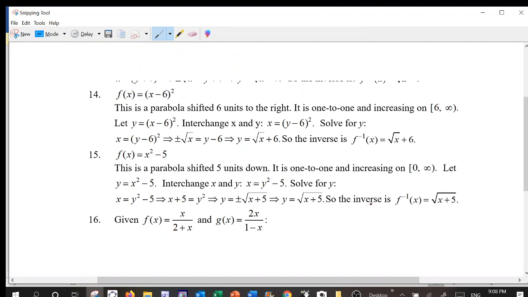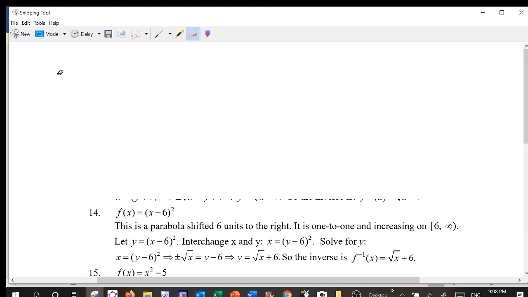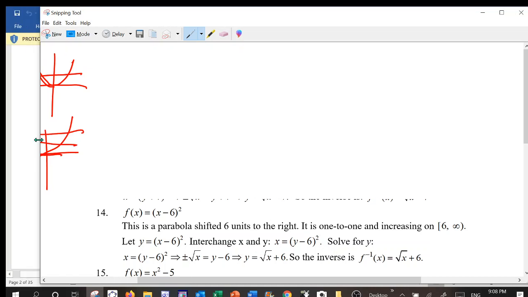Now think about one-to-one functions. We talked about functions that are one-to-one, or functions that pass the horizontal line test. For example, this one is not one-to-one because it doesn't pass the horizontal line test. This one is one-to-one because it passes the horizontal line test.